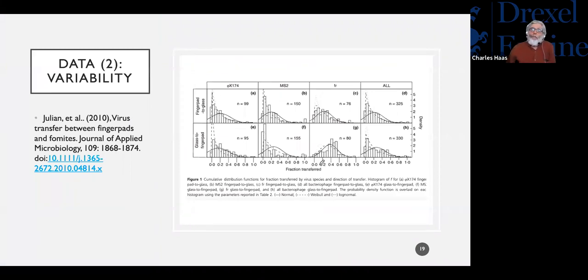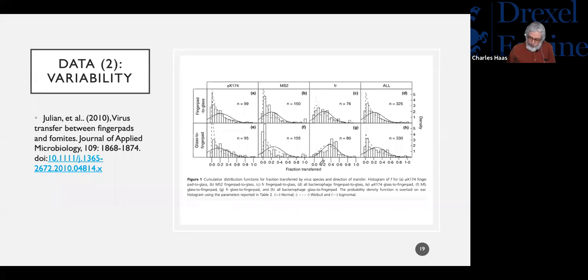Julian et al. looked at 4 different phage and did a very large study with more than 600 volunteers, looking at transference between fingertips and glass.